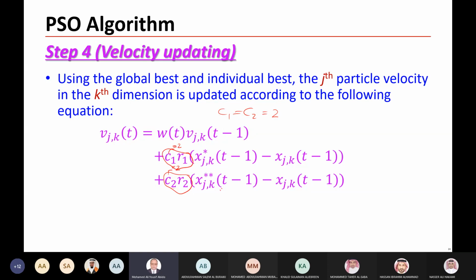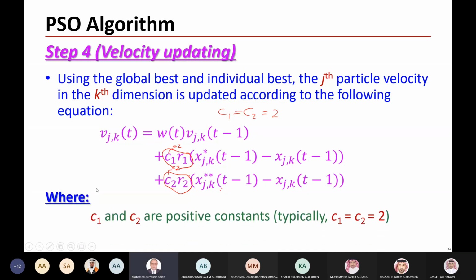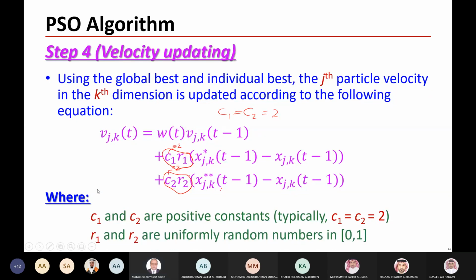Any question? This is the major step in particle swarm, velocity updating. C1 and C2 are positive constants, typically C1 equal to C2 equal to 2.